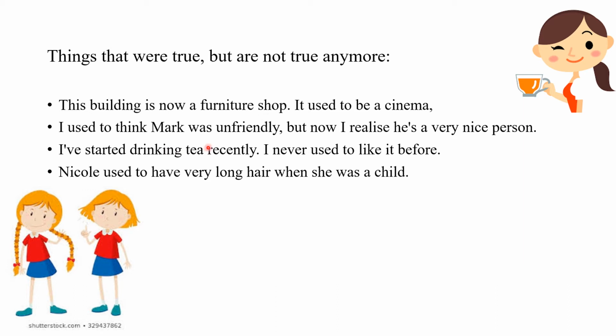Similarly, I used to think Mark was unfriendly, but now I realize he's a very nice person. It means that in the past I thought Mark was unfriendly, but now in the present my perception has changed and I think Mark is a very nice person.